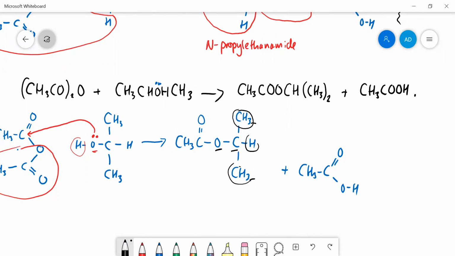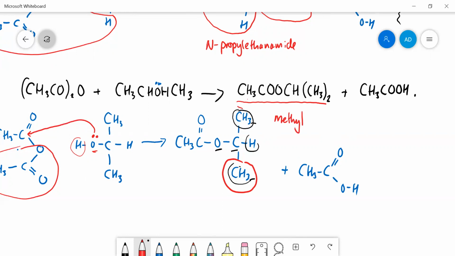By the way, they don't usually ask you to, they occasionally do, not very often, ask you to name what an ester would be formed when it's formed from a secondary alcohol. What would this ester be called? And it is a bit tricky. Well, you have to call it, right, methyl. And then what is this?